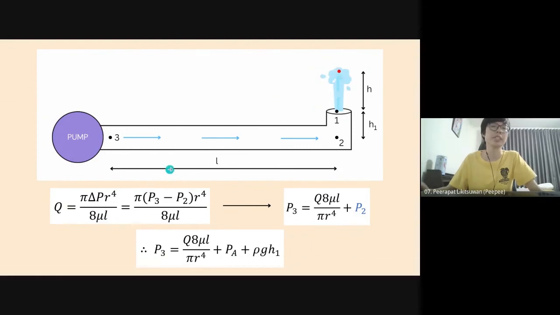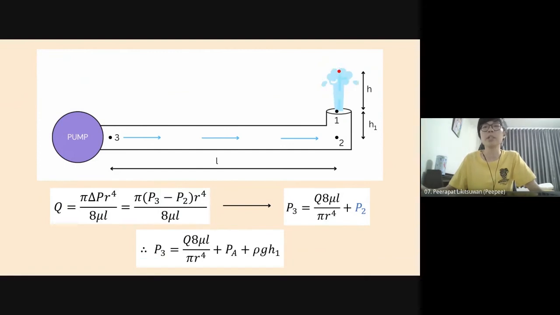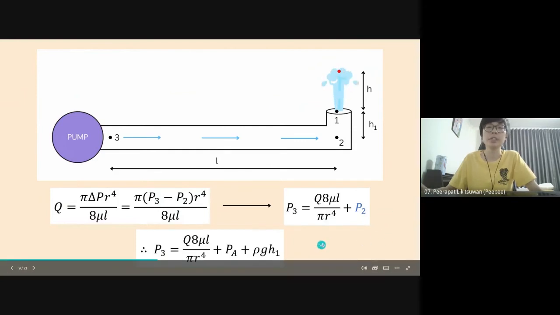So it is the change of pressure between point 3 and point 2, so P3 minus P2 right here. And we will simplify this equation into the right side equation right here. P3 will be equal to this term plus P2. P2 is the pressure at point 2 that we calculated in the previous slide. So we substitute that term and we will get this equation right here.